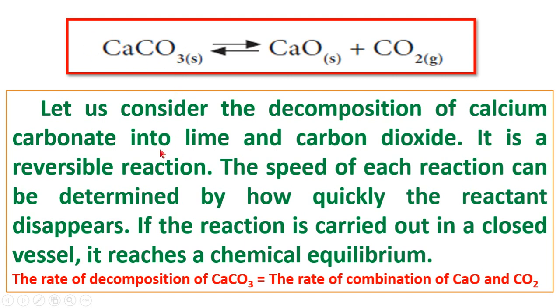If the reaction is carried out in a closed vessel, it reaches a chemical equilibrium. The rate of the decomposition of calcium carbonate, the reactant, is equal to the rate of the combination of calcium oxide and carbon dioxide, which are called the products. Both the rates or the speeds become equal.